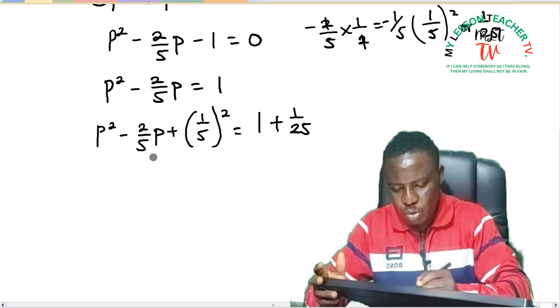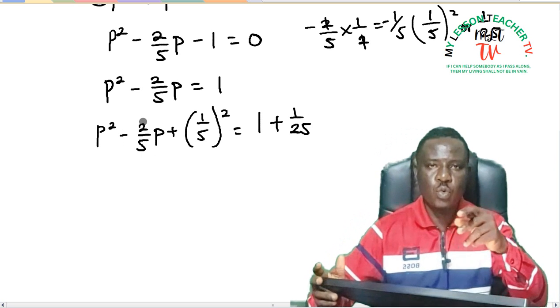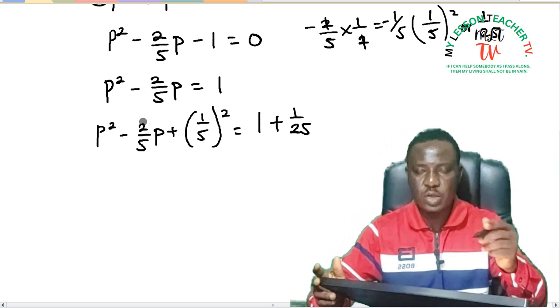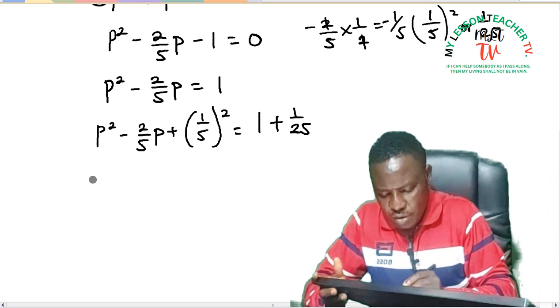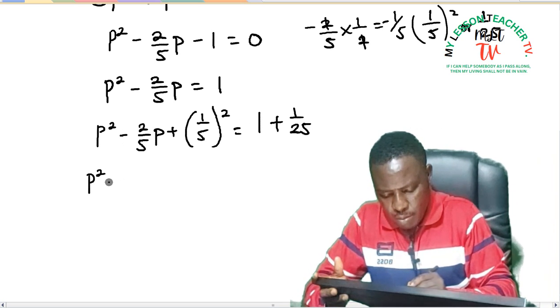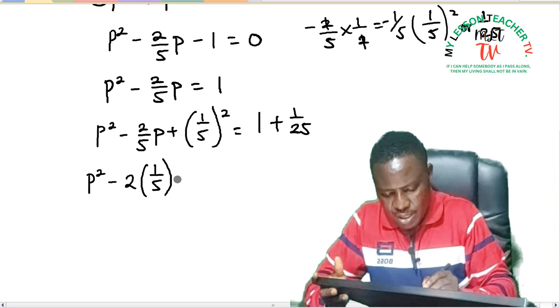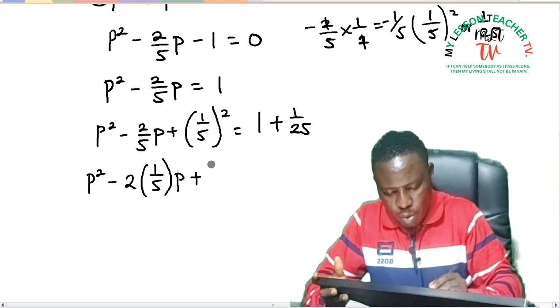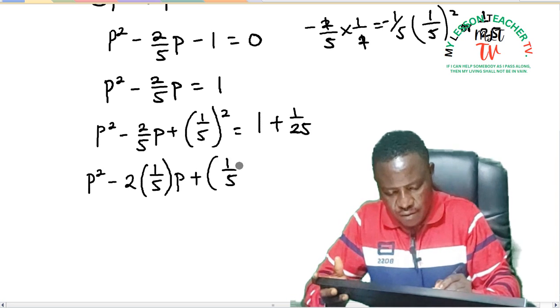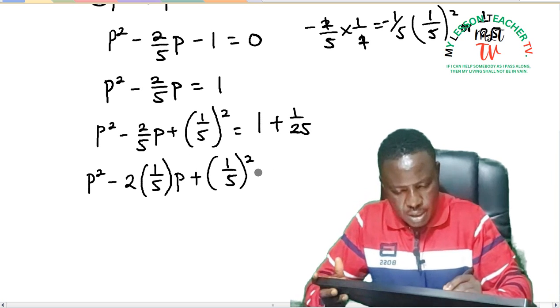Now, expressing the middle term in the form of 2pq or 2xy, you now have p squared minus 2 into 1 over 5p plus 1 over 5 squared is equal to 1 whole number 1 over 25.